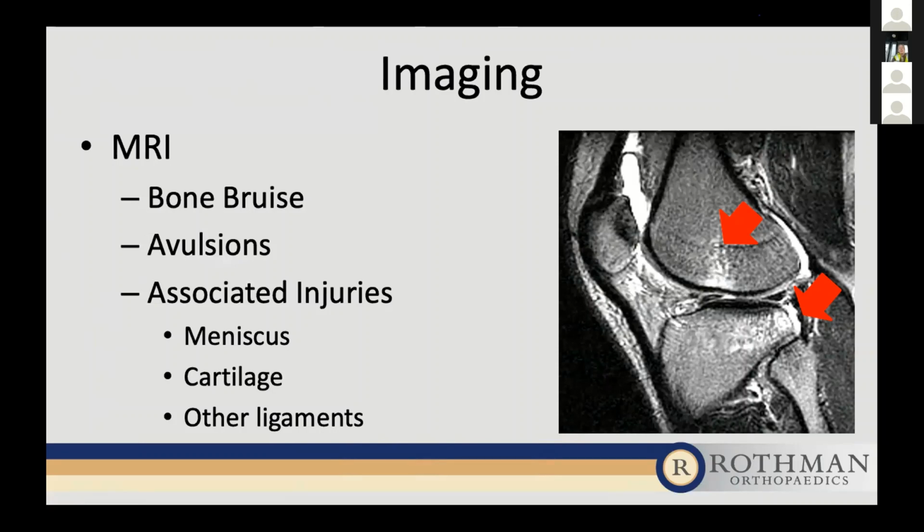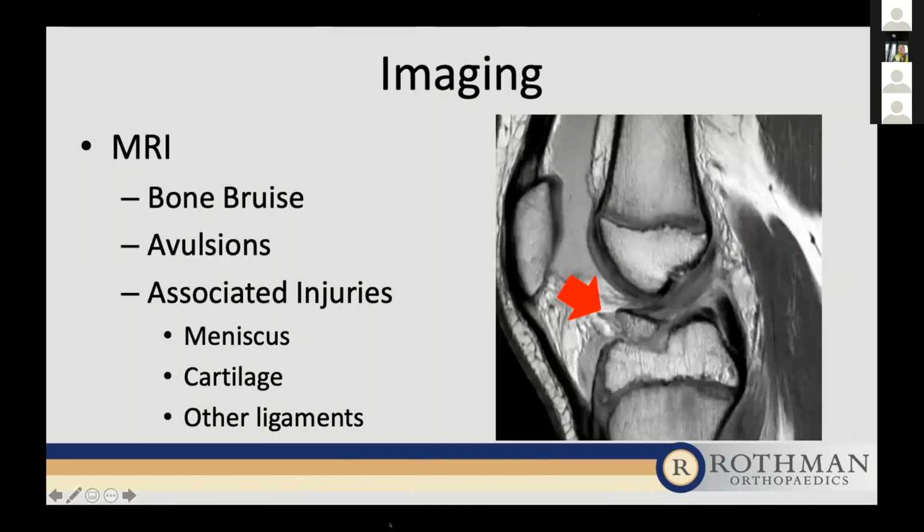But these are truly just contusions or bone bruises. They are not fractures in the sense that you need to fix them with a plate or screws or anything like that. MRI will also give you greater information as it relates to that bony avulsion of the tibial eminence, and will also give you information on whether or not there is an associated meniscus or cartilage injury, or if there are other ligament injuries involved that could factor in when you're trying to treat these patients.